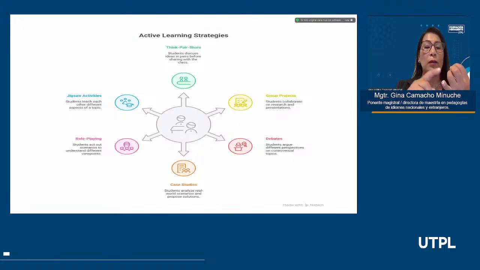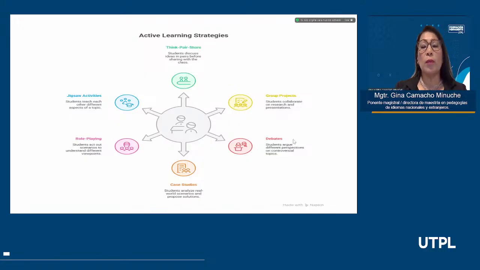So student number 1 is going to be the observer or the researcher, the other one the lecturer, the other one the writer, and the other one the timekeeper, okay? So each one of them is going to have a role. So nobody is just going to relax and wait for the strong students to do everything, okay? And you should constantly monitor the groups to see if everybody's working.